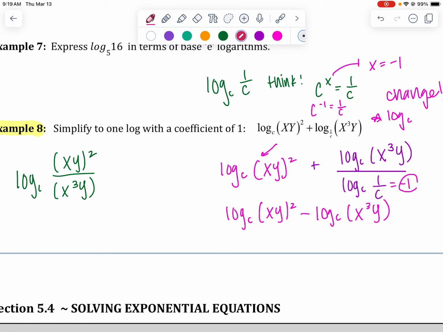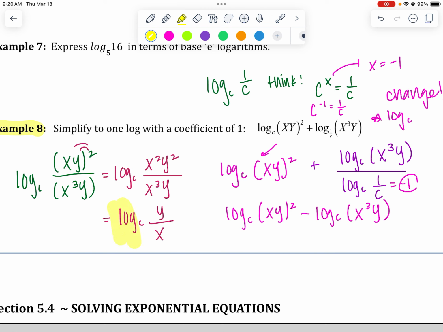And we know from our exponents I have to distribute that square on out. I have log base c of x squared y squared all over x cubed y, and again this is just simplifying with my exponents. Looks like there's a y on top, and then an x on the bottom, and this is your answer. Perfect.